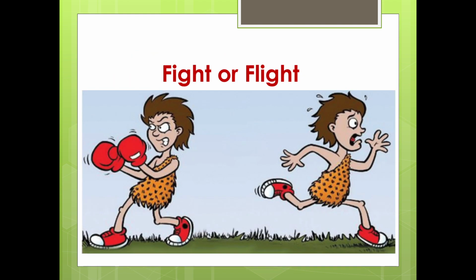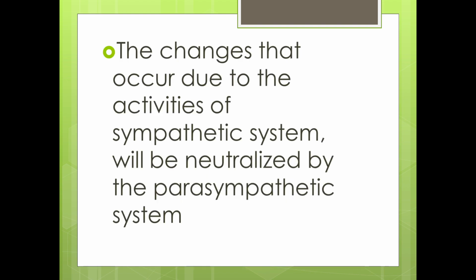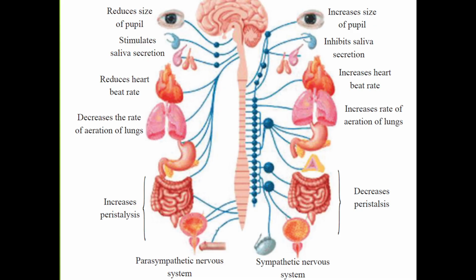If I elaborate further, these types of activities are controlled by the sympathetic nervous system and the parasympathetic nervous system. The sympathetic system increases the size of the pupil in your eye.